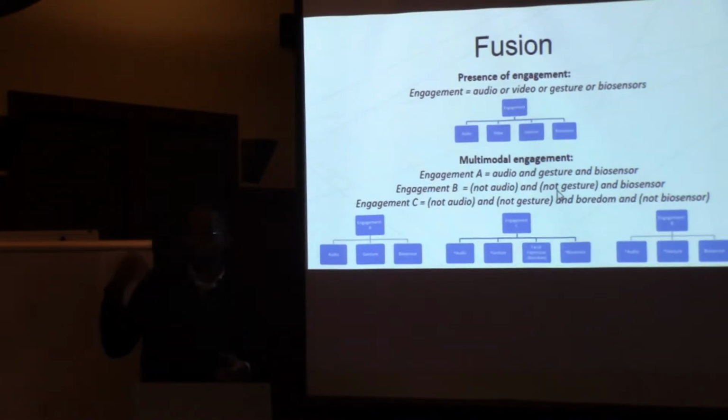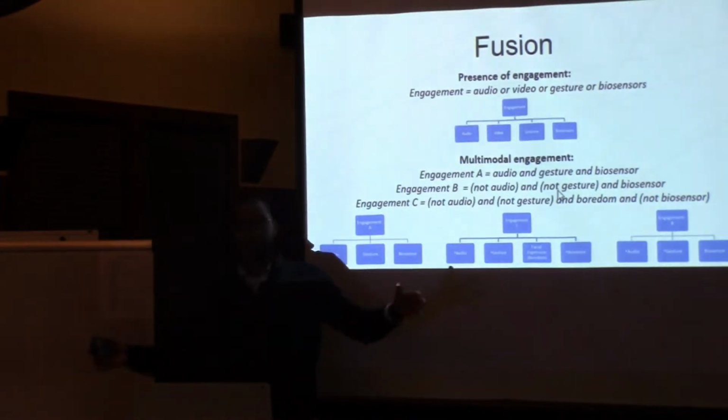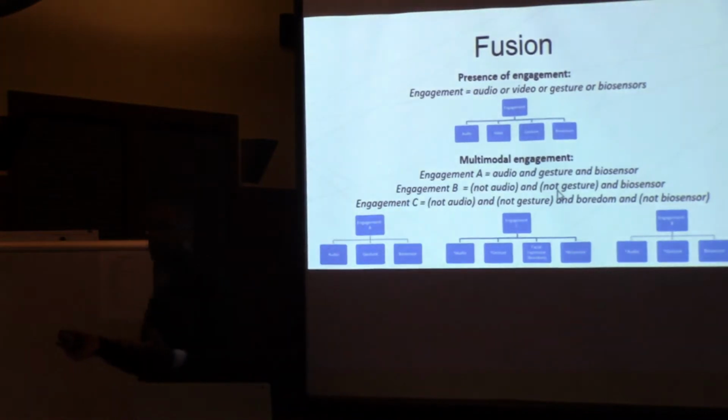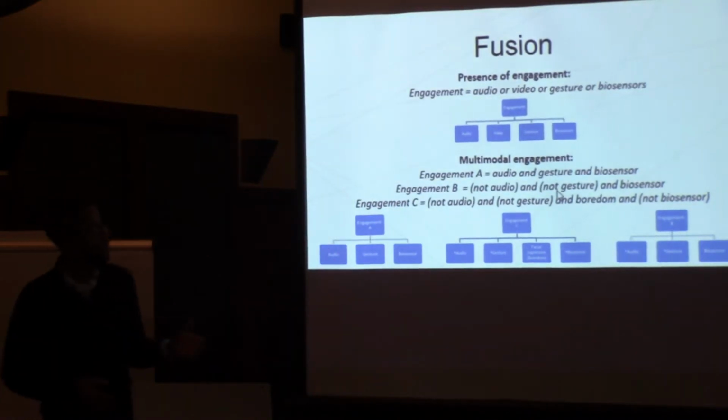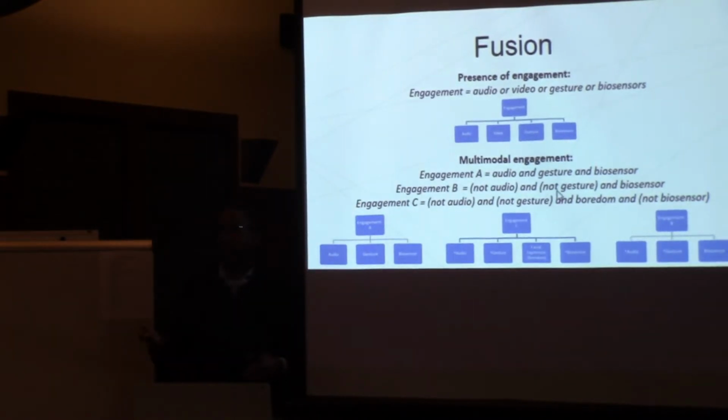You can be looking for the presence of engagement, which I position as an or statement. Within a given context, it's audio or video or gesture or biosensor. The presence of any one of those things is an indicator of engagement. Versus a context where you're looking for a specific type of engagement.